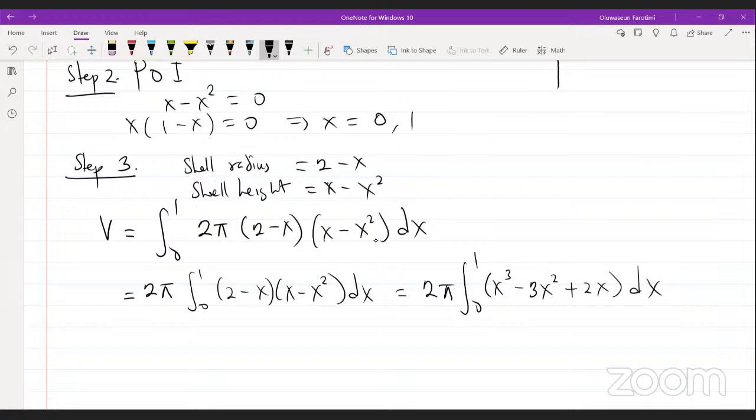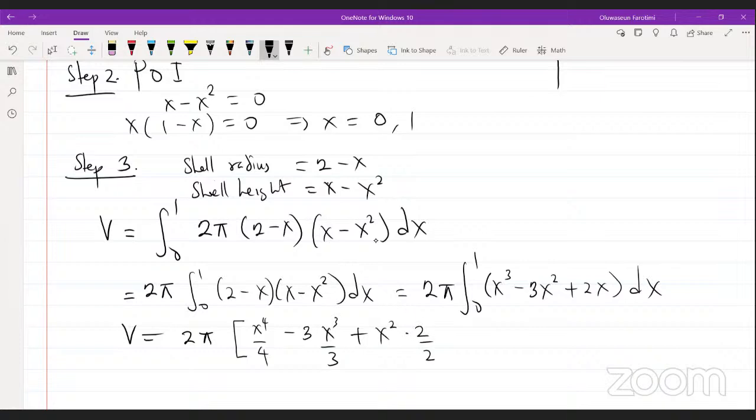So now, basic integration, guys. So you have 2 pi, okay? So aside from that, what happens? So right now you do have x to the fourth over 4 minus 3x cubed over 3 plus x squared, right?